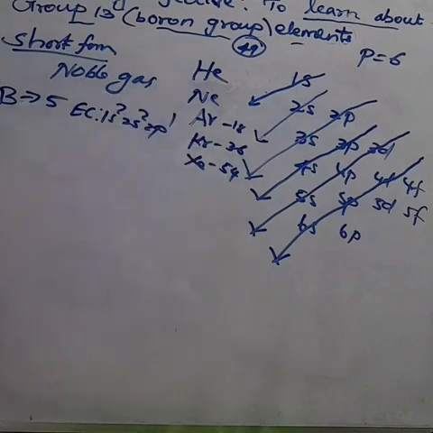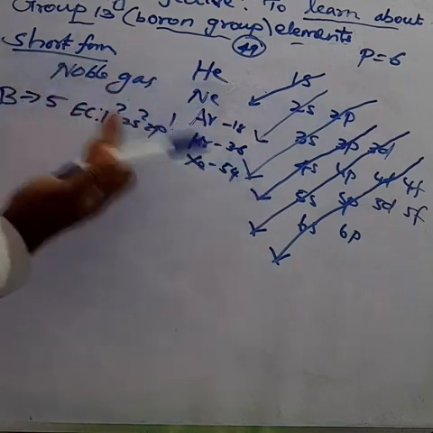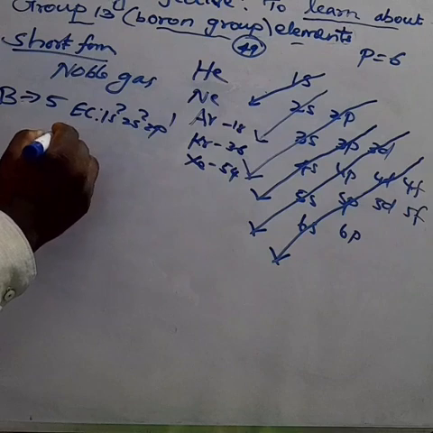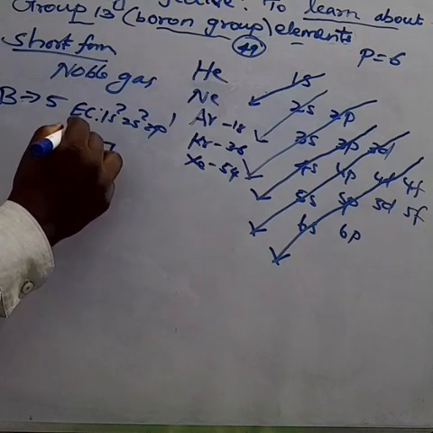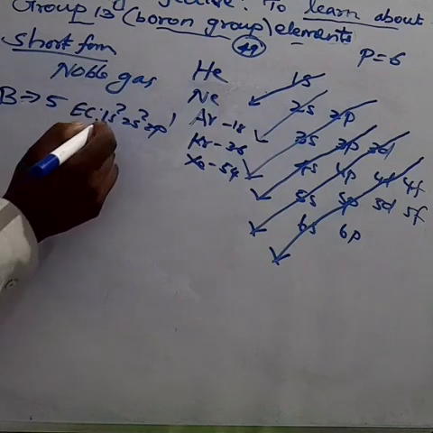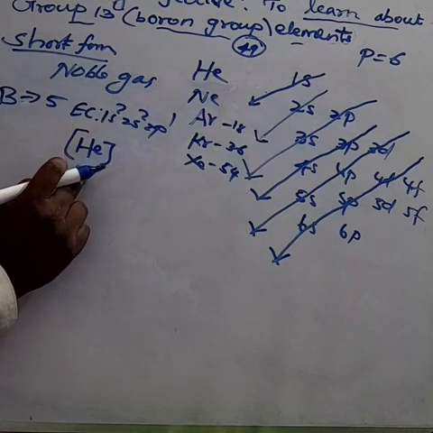Here I can use helium only, because helium is occupying before boron. For writing 1s2, the electronic configuration of helium, am I right? So instead of writing 1s2, I am writing helium.